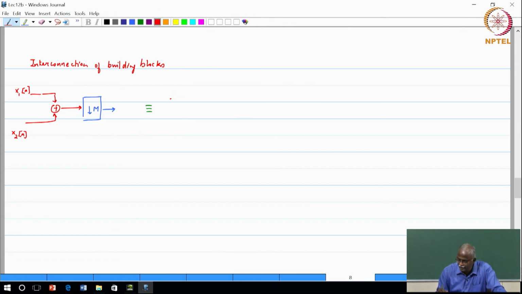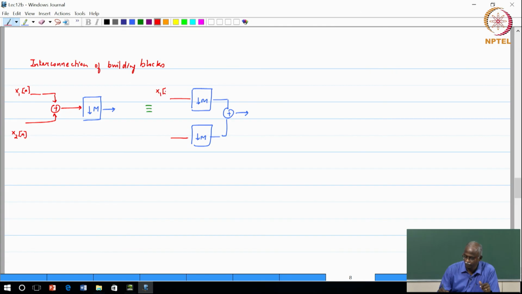You take x1 of n, downsample by a factor of m, and produce an output signal. This is x2 of n downsampled by a factor of m, which you can then add and produce the output. They are identical.